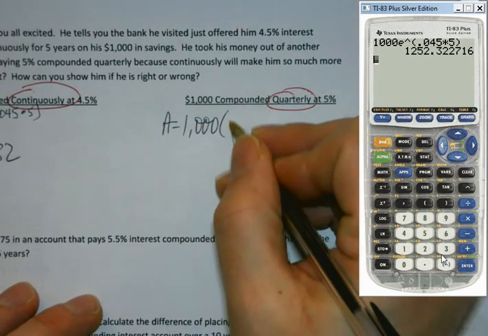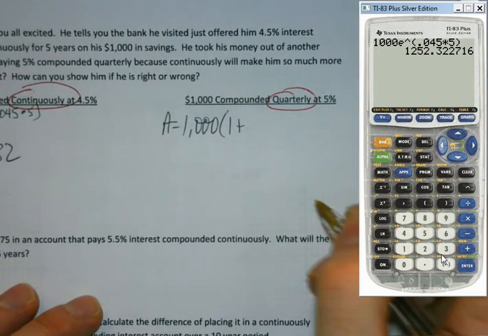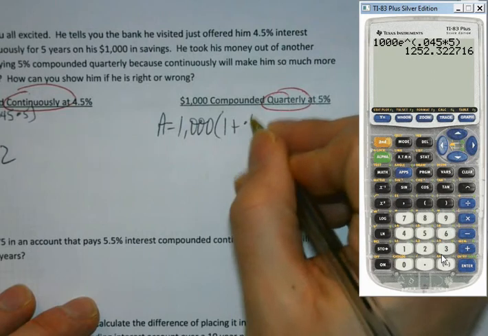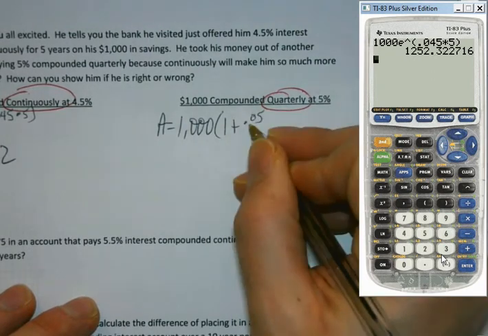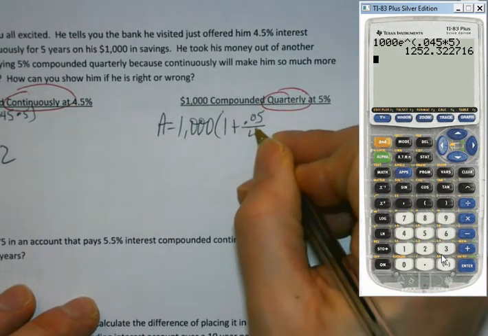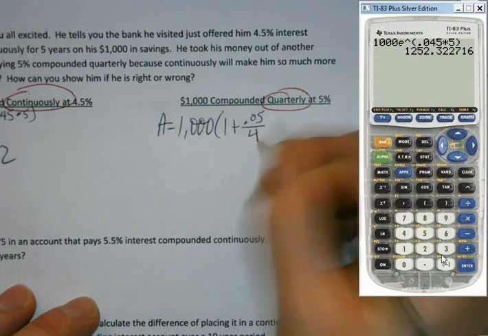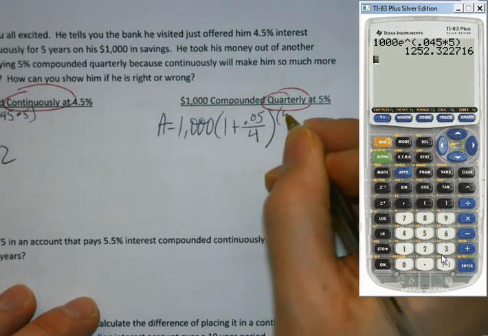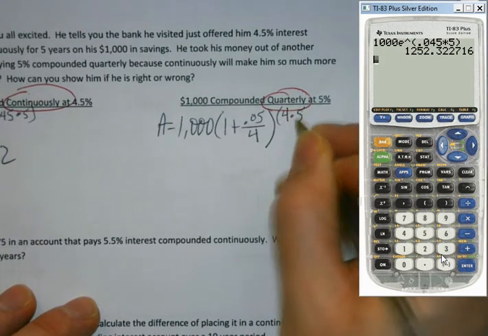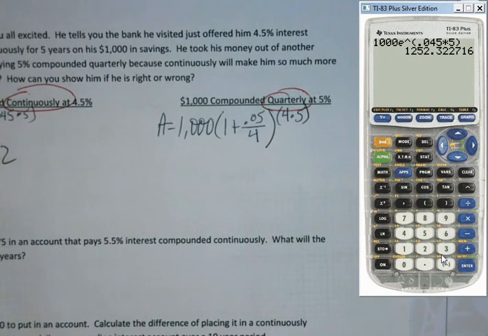Got this. 1 plus my rate quarterly. How often does that happen in a year? 4. So that's my denominator of my fraction here. n times my t. So whatever I divided by here is the same number I use up in the exponent. 5. So now let's see what's up here.